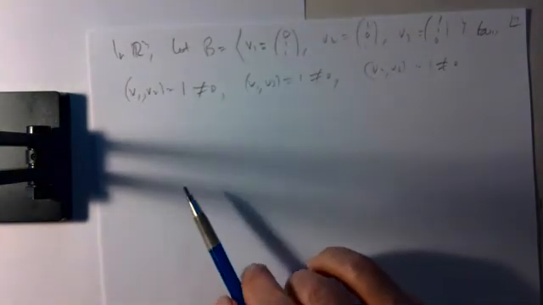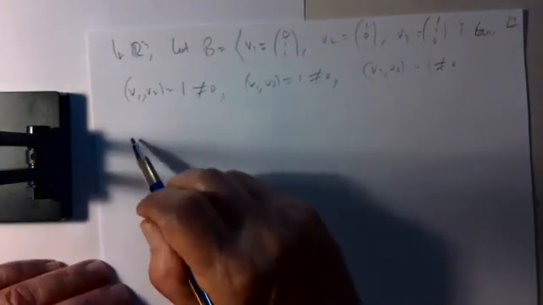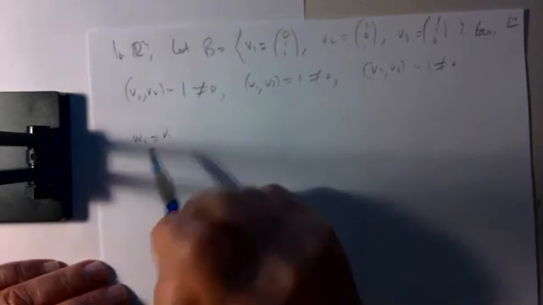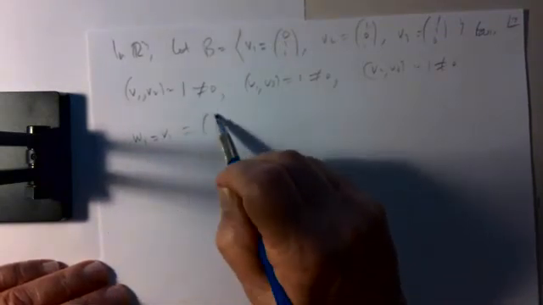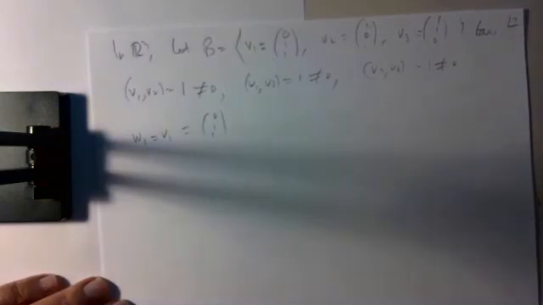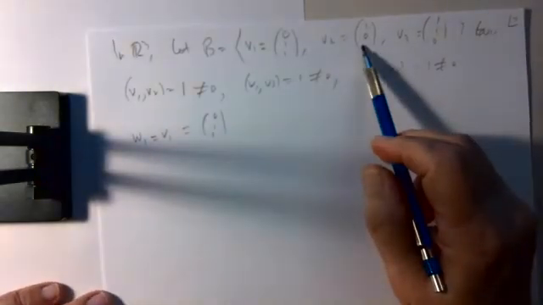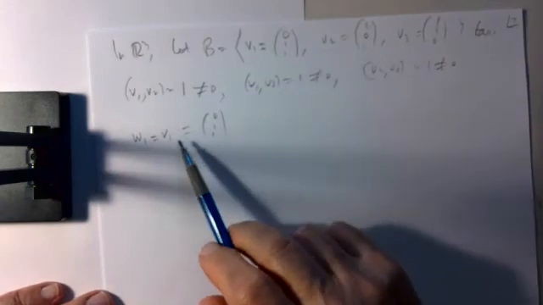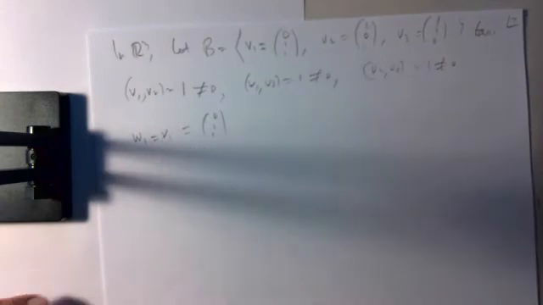So I can start with w_1 and let it just be equal to v_1. So that's going to be the vector (0, 1, 1). And now I want to get from v_2 another vector that's perpendicular to w_1.